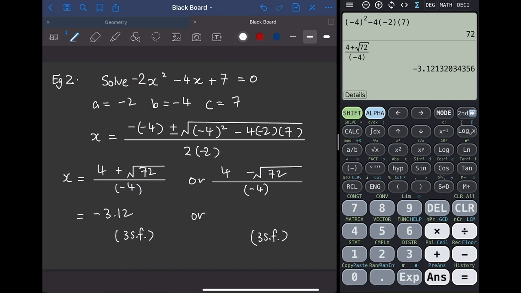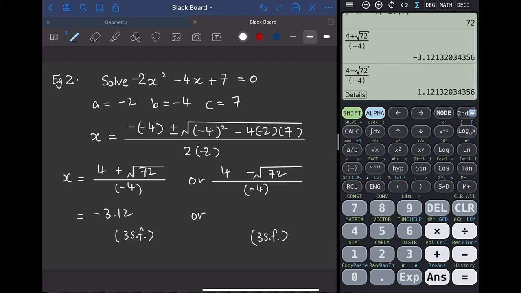And the other solution will be, again, the fraction 4 minus square root of 72 over negative 4, and that's 1.12. Again, both solutions we're going to give to 3 significant figures.